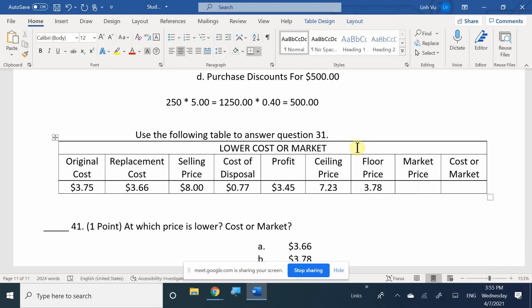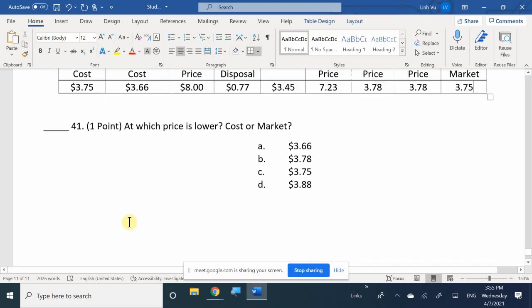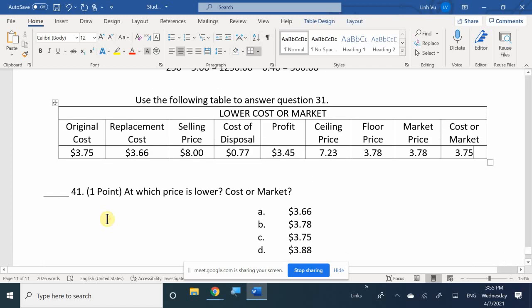If you put it on a number line, 378 would be in the middle. So therefore, let's determine which one's lower, my original cost or my market cost. 375 compared to 378. Which one's lower? The original cost of 375. So therefore, your answer is C.